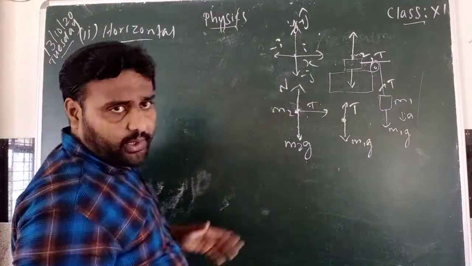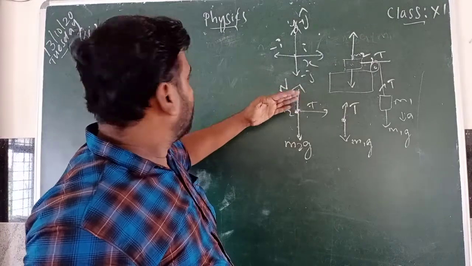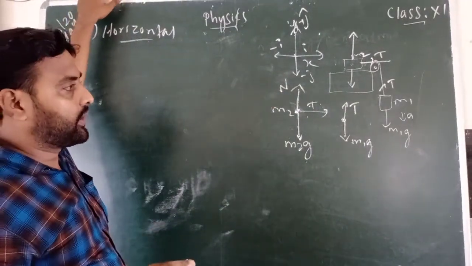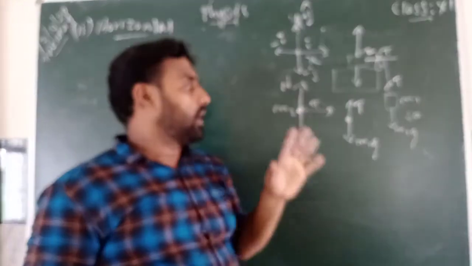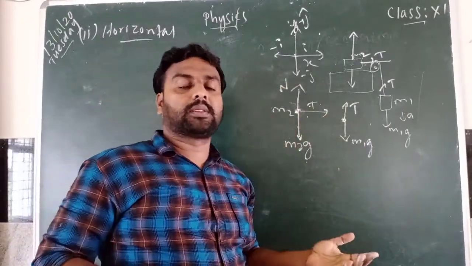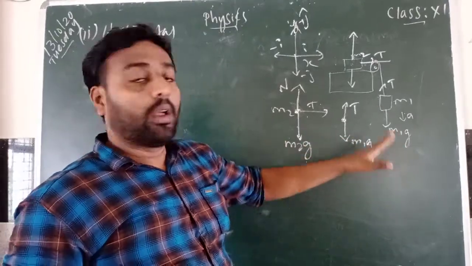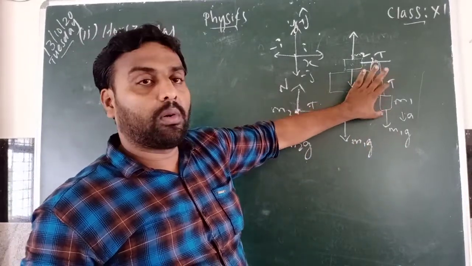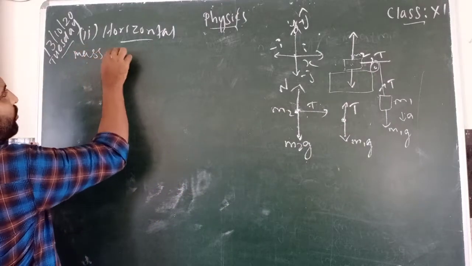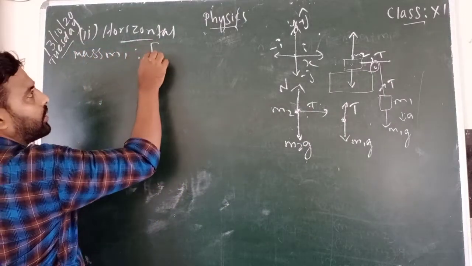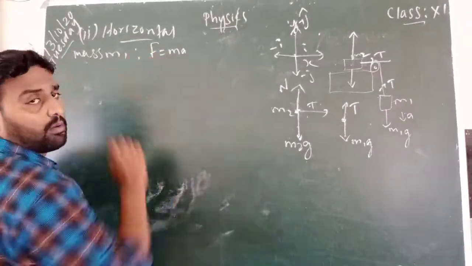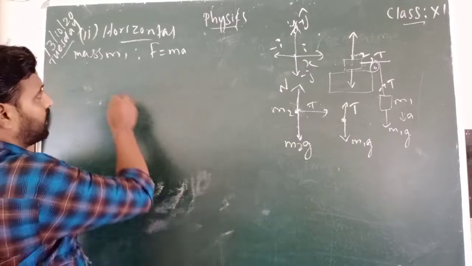Next, we have to find the equations. We are going to derive them by applying Newton's second law for mass M1, then for mass M2. First, apply Newton's second law for mass M1: F equals Ma.